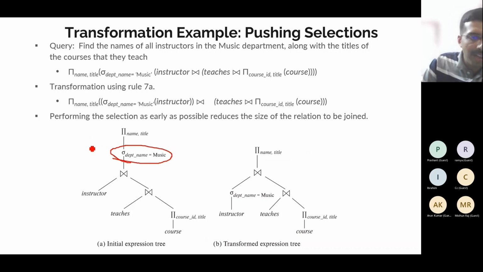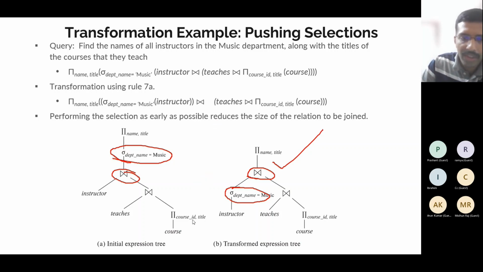Until this point, the number of records in our table will be high. Once I do a select, my number of records will reduce. In this second case, I am doing the select here, so when I do the join here, the number of records is less compared to the case where I do the join there. That is why this second one will be the more efficient way to implement the query.